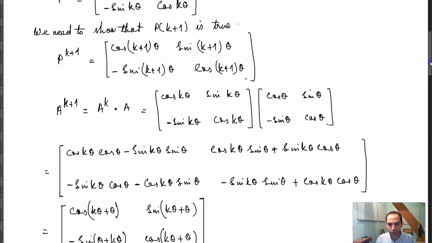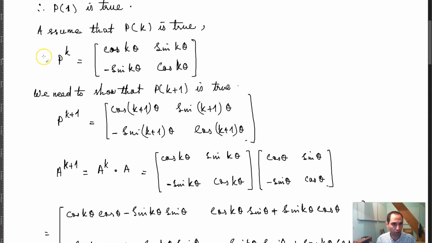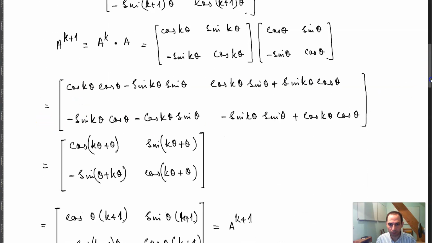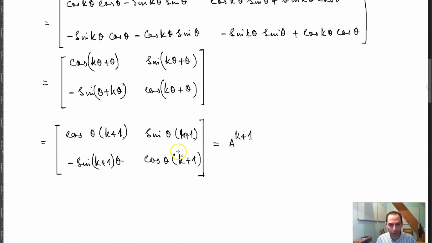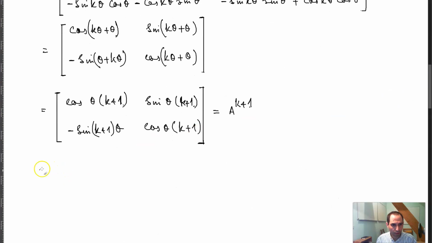Using my assumption that P(k) is true, and using this calculation, I have shown that P(k+1) is also true. Therefore, P(k+1) is true.